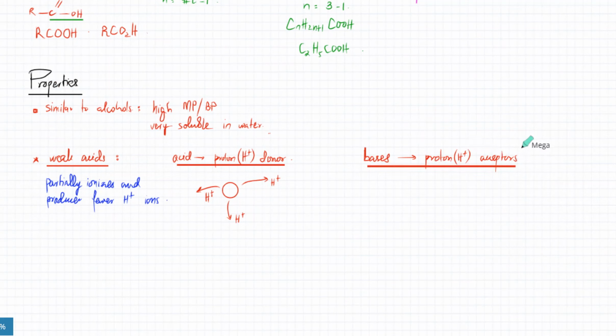Now, a base is a molecule that accepts, meaning from its surroundings, it's going to accept H plus ions or protons. It goes from place to place and grabs those H plus ions. So that's what a base is.